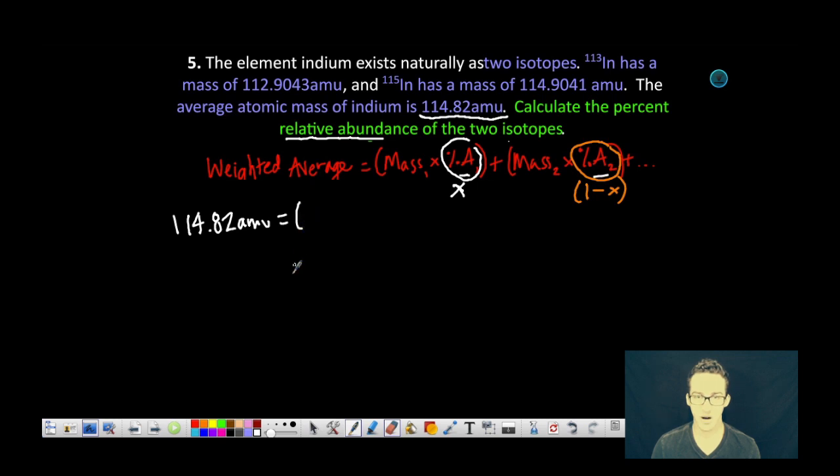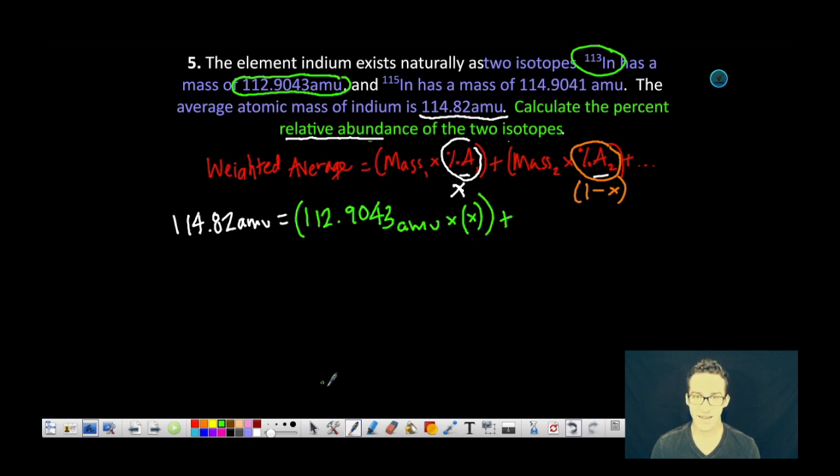The mass of our first isotope, indium-113, is 112.9043 AMU, times its percent abundance, which we said was X, because we don't know.